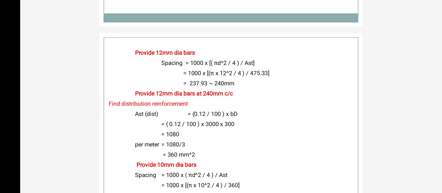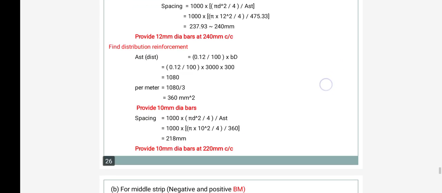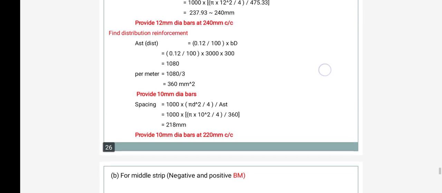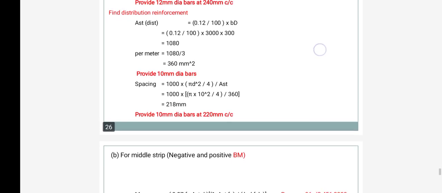So Ast distribution is equal to 1080 mm square. Then per meter length, 1080 divided by 3 meter, so per meter length area is equal to 360 mm square. Provide 10 mm diameter bar. So spacing is equal to 1000 into small ast divided by capital Ast. The spacing is equal to 280 mm.